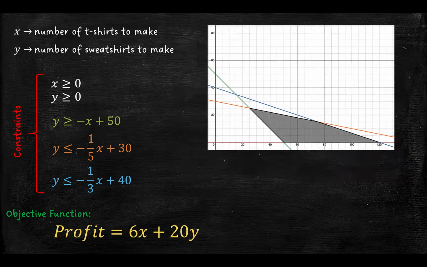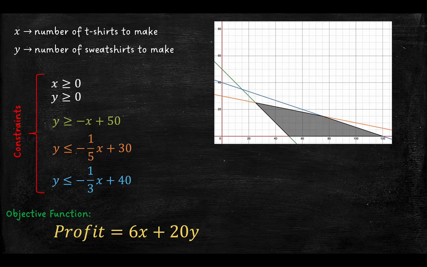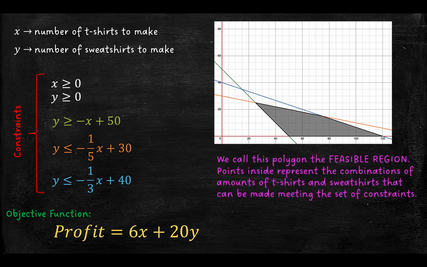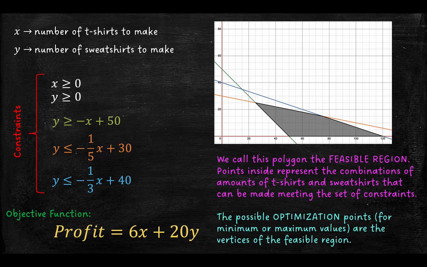So that region is called the feasible region. It'll always be, at least with linear inequalities, a polygon. And the possible answers, or the possible optimization points, are the vertices or the corners of this region.